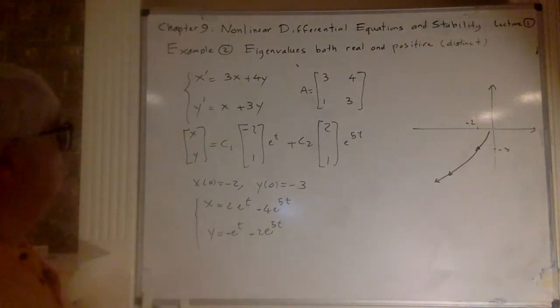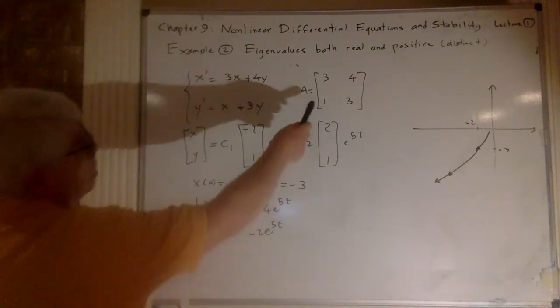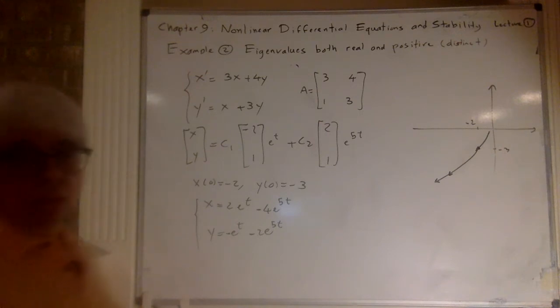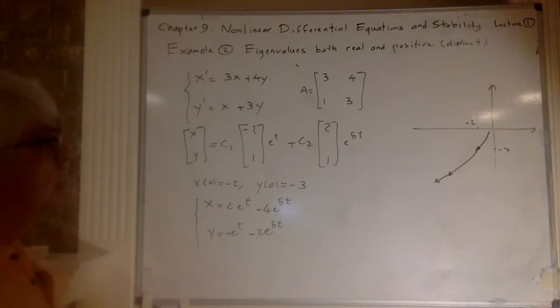And also the critical point is the same, 0, 0. For linear systems, when this matrix is not singular, or the determinant is not 0, we will have x0, y0 as the only answer. So for linear systems, that's the only critical point, and no trajectory reaches that 0, 0.